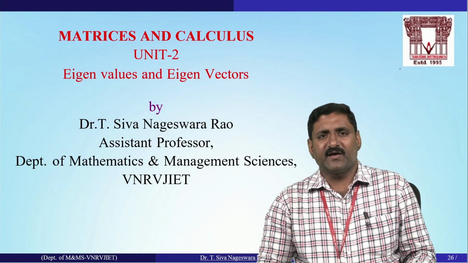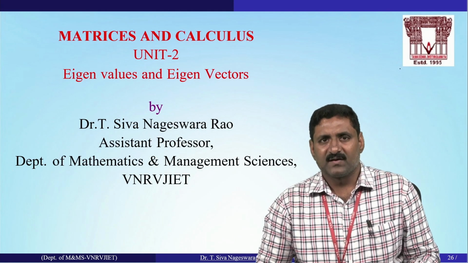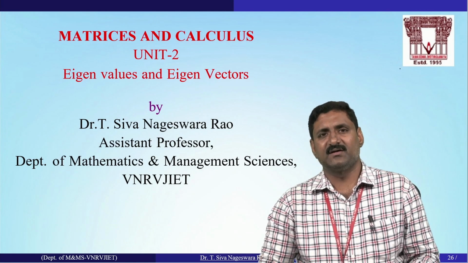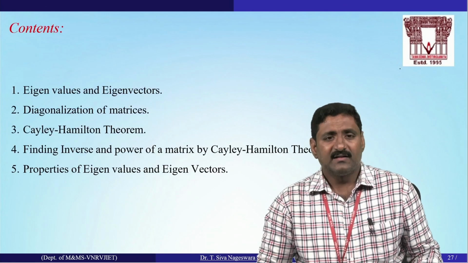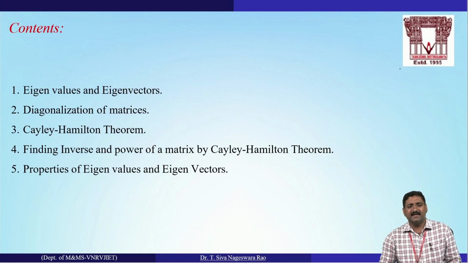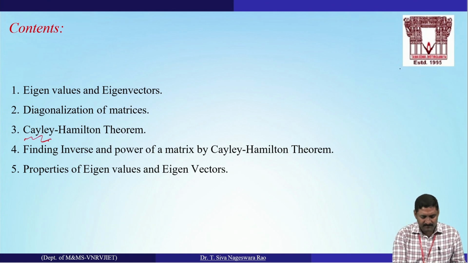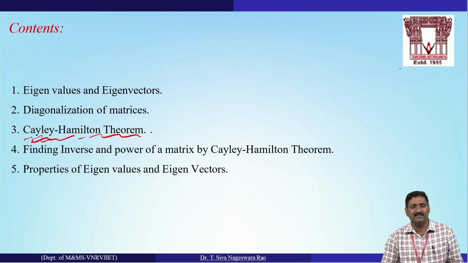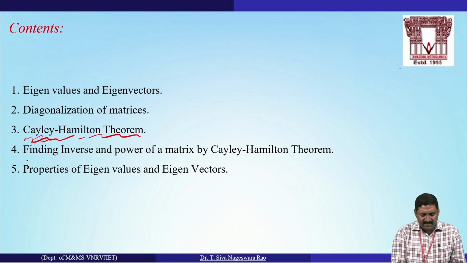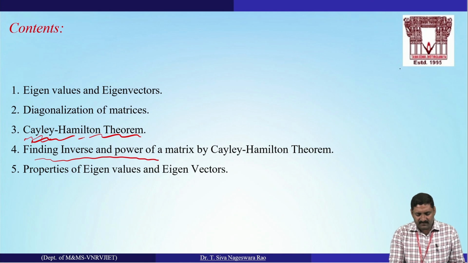Now, today we are going to discuss the last topic in unit 2. These are the contents we discussed earlier. Today I am going to discuss the Cayley Hamilton theorem. Later I will explain the applications of the Cayley Hamilton theorem.